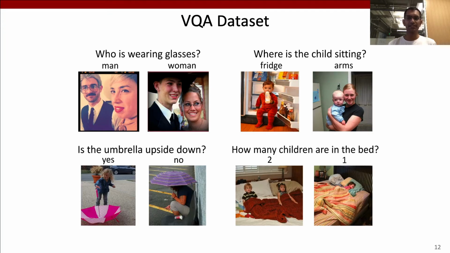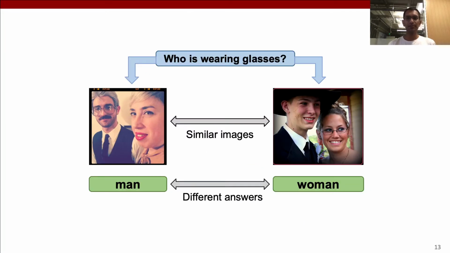In the VQA dataset, for every question, there are two images that look similar to each other, but the answer to that question for both images is different. For example, for the question "who is wearing glasses", the answers to these similar images are different: man and woman. So the model really has to understand the subtleties of the image to answer the questions accurately.